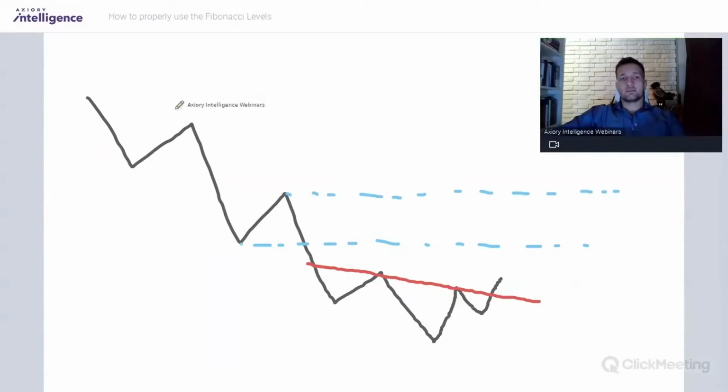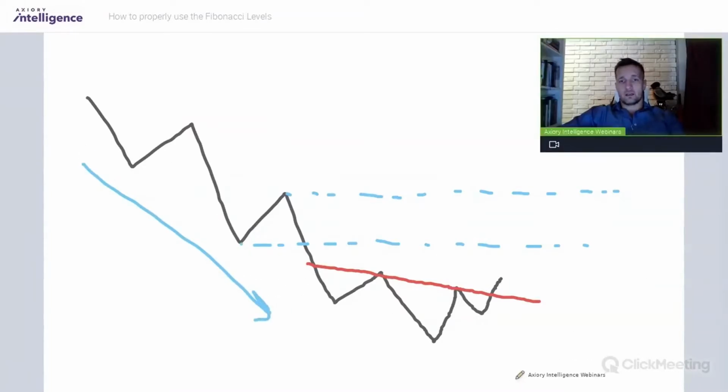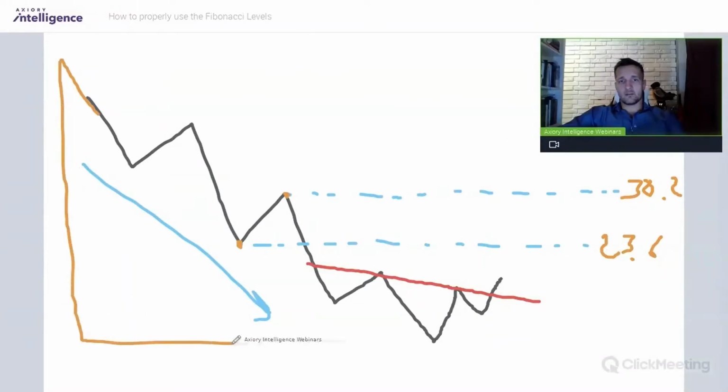And there is this downtrend. And you have 23.6 here and 38.2 here. Are those taken from those? No. 38.2 and 23.6 are taken from the length of the trend. Here's 100%.